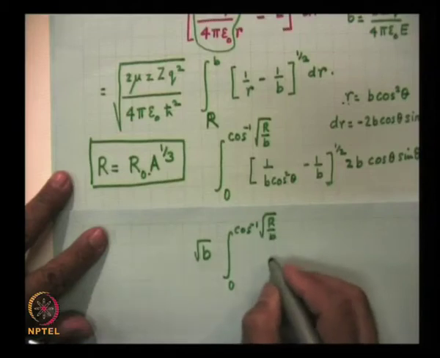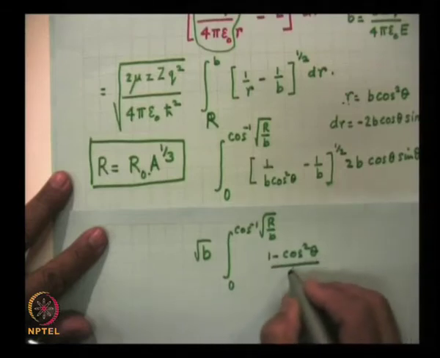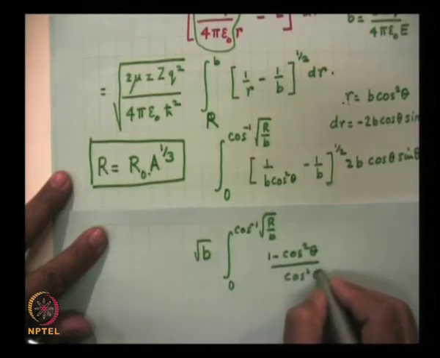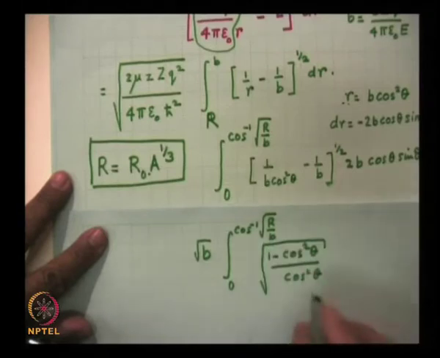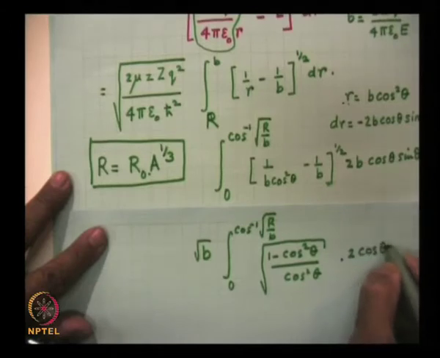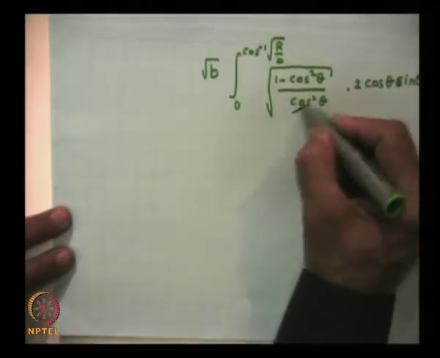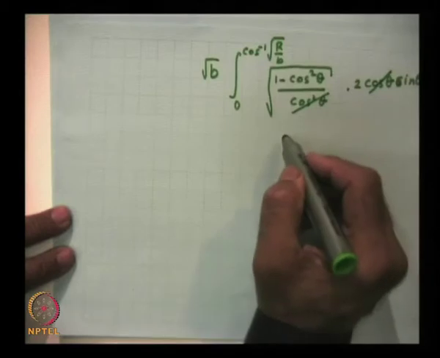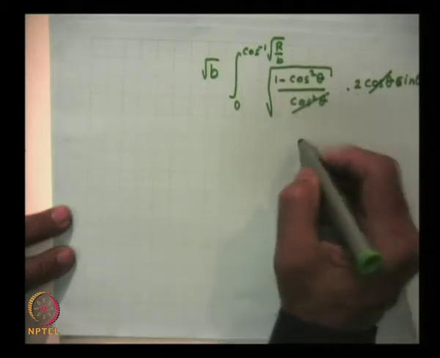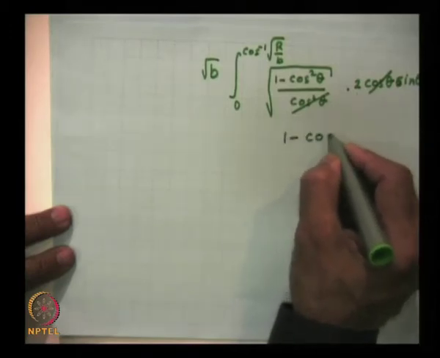So, b I have taken outside. So, 1 minus cos square theta divided by cos square theta raised to the power of half, times 2 cos theta sin theta d theta. So, this is sin theta and this is cos theta. So, this cos theta and this cos theta cancel out. So, this becomes 2 sin square theta. 2 sin square theta is 1 minus cos 2 theta.